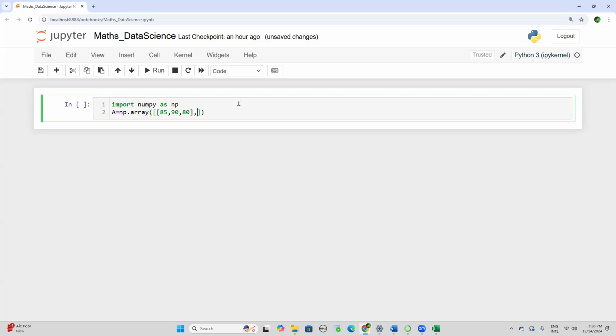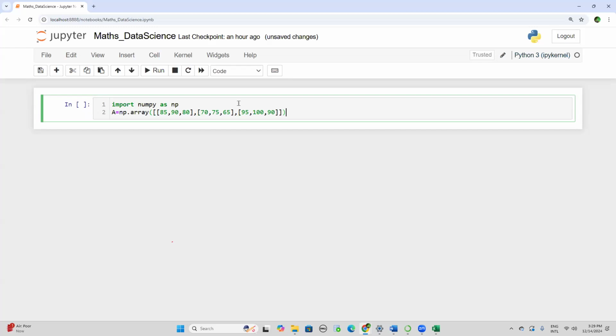Then we have another one, let's say 70, comma 75, comma 65. And then we have 95, comma 100, comma 90. So here I'm trying to create a matrix A.